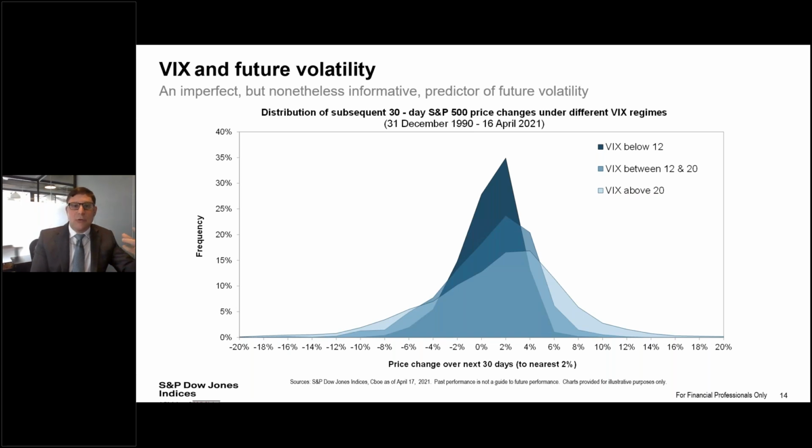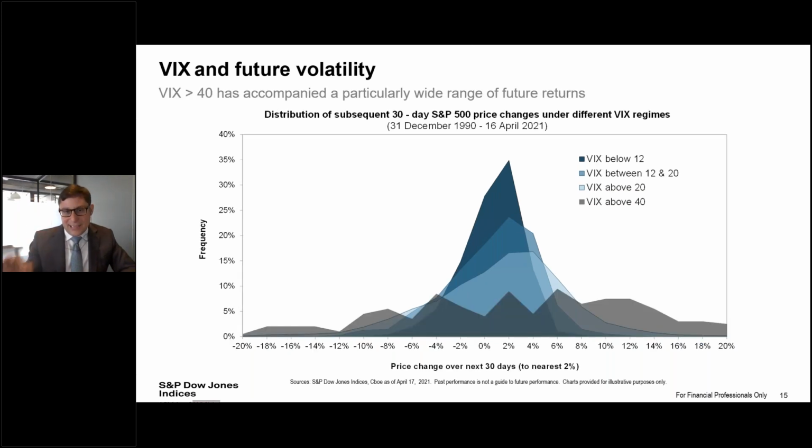What about when the VIX is genuinely high? Well, the VIX doesn't spend much time above 40, but when it does go above 40, that's the distribution historically that we've seen. So essentially, what you can take away from that is when the VIX is above 40, it's anyone's guess as to what the market might do over the next month.